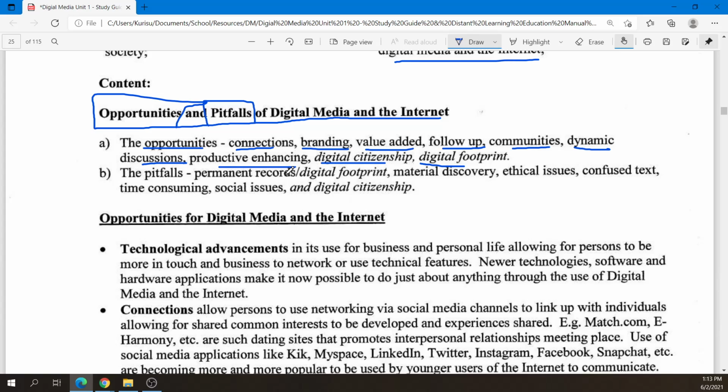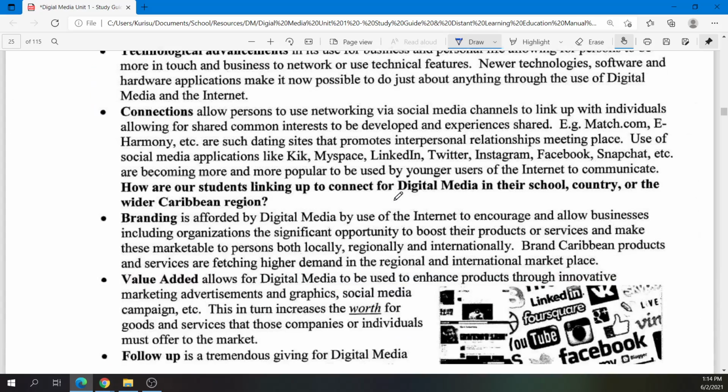What are the pitfalls? Well, permanent record. We already discussed that. Once you put up something, that's basically it. It's there permanently. A digital footprint. Material discovery, ethical issues, confused text, it's time consuming, there are social issues, and then there's digital citizenship.